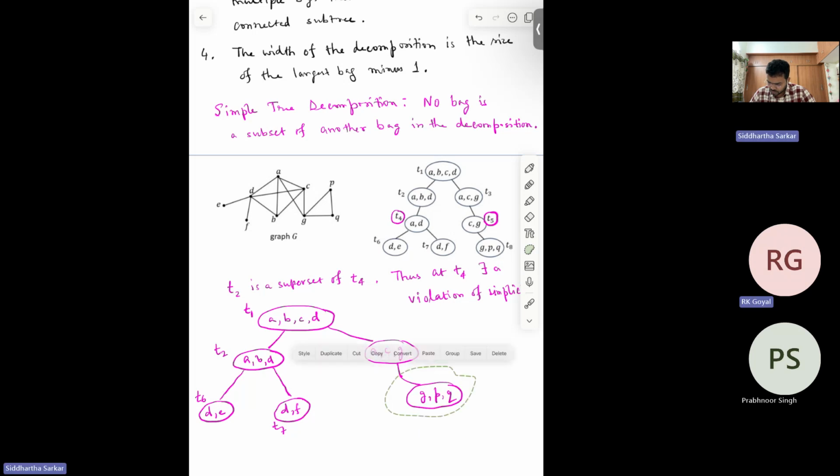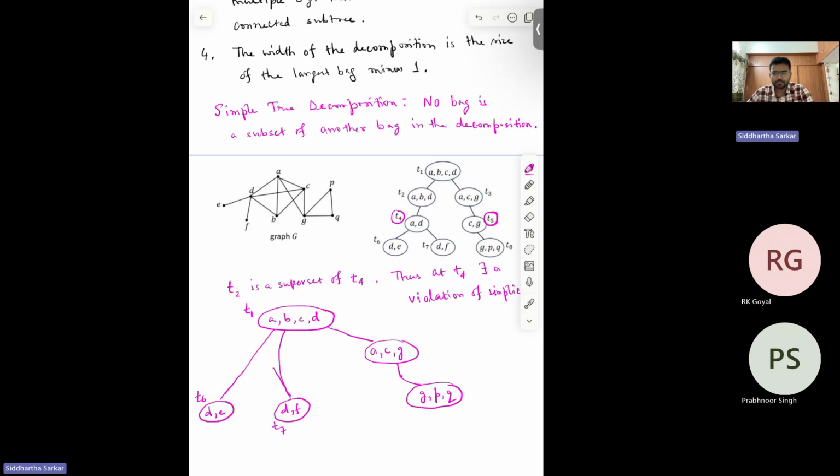So we make this connection. Now, is there any bag? Yes, you had identified earlier that EBD is a bag which is a subset of ABCD. So we can delete this as well. If we delete this, we have to make its children children of the superset bag, so we'll do that. T2 is no more there, and these guys can directly connect to the parent.